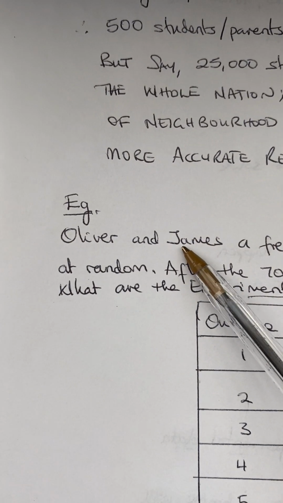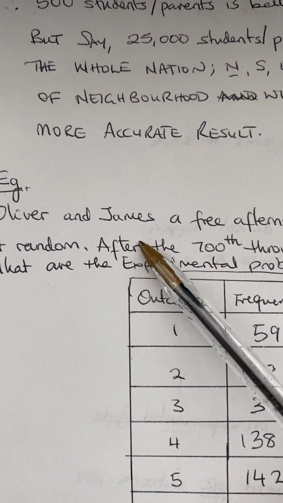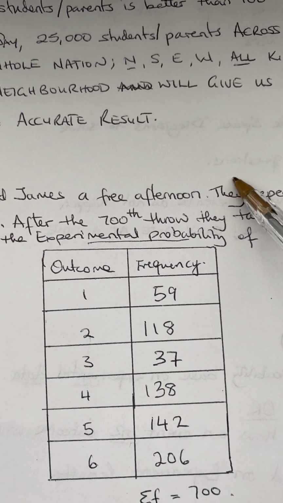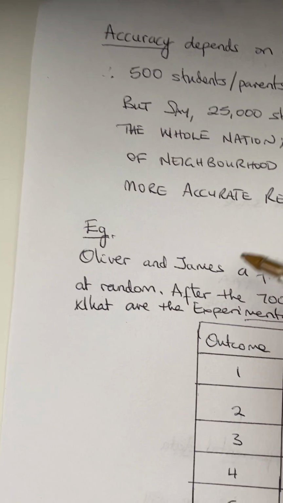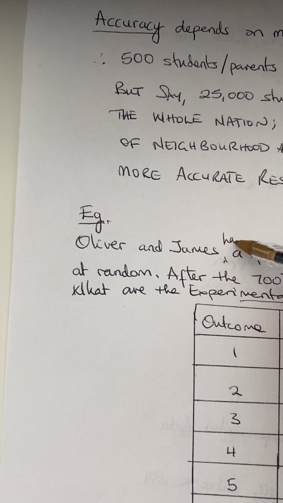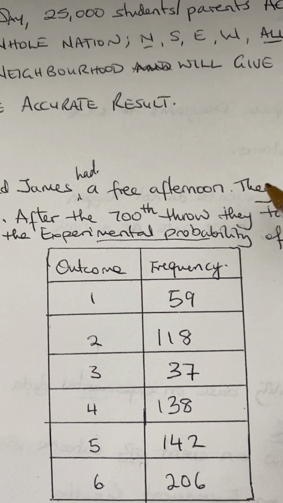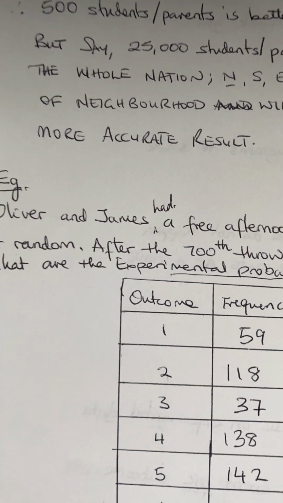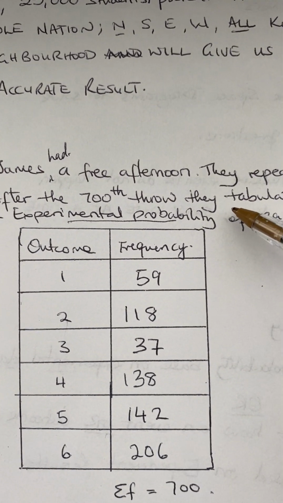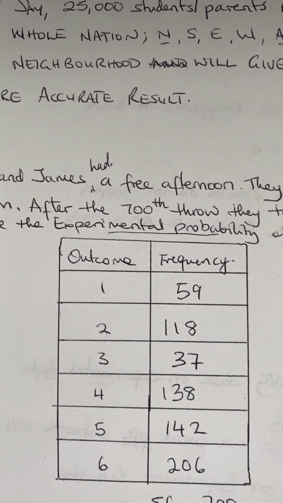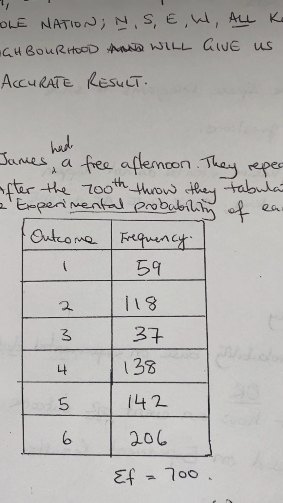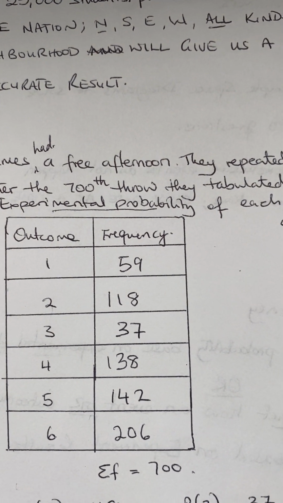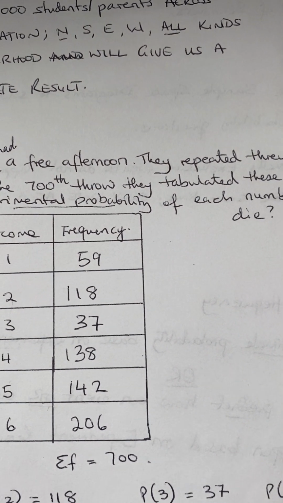Now the next example, Oliver and James had a free afternoon. Okay, maybe they didn't want to go out and play, or do games, or watch TV or anything, but they had a die.